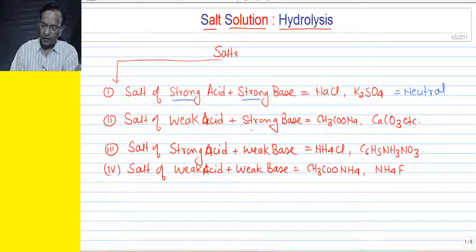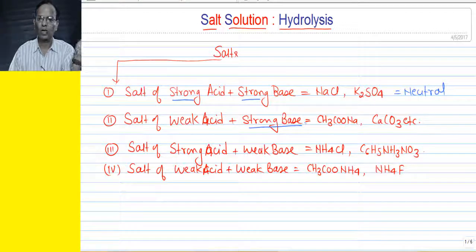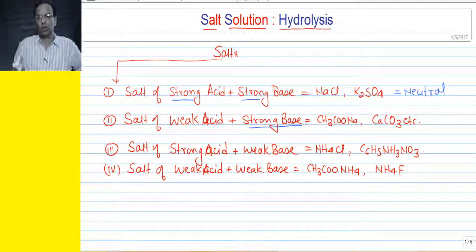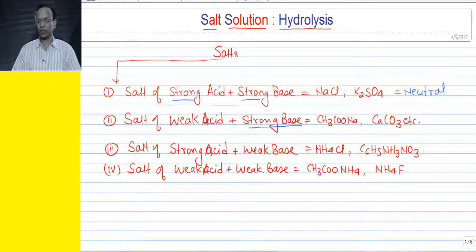In the second category, there is a strong base, so salt of this category is basic in nature. Salts like sodium acetate and calcium carbonate are all basic and their solution will be basic with pH greater than 7.